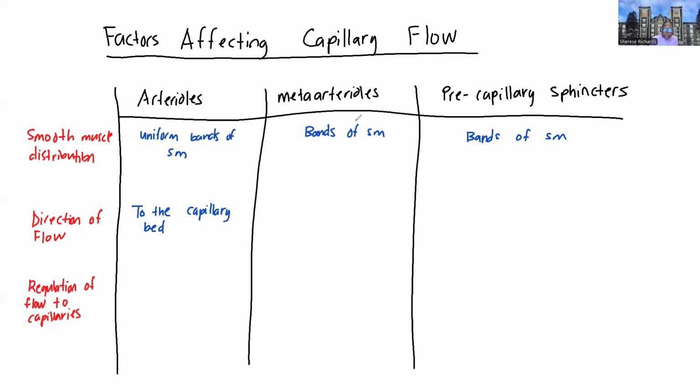And then for the meta-arterioles, it's bypassing the capillaries towards venules. So here we're bypassing the capillary bed. And not capillary bed, but more specific capillaries, right, within a bed. So bypassing capillaries towards venules.